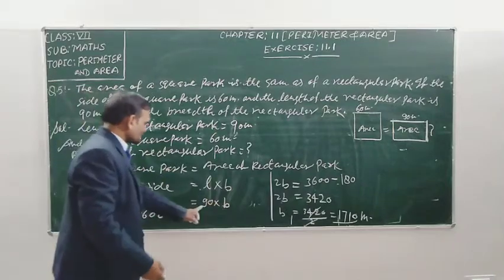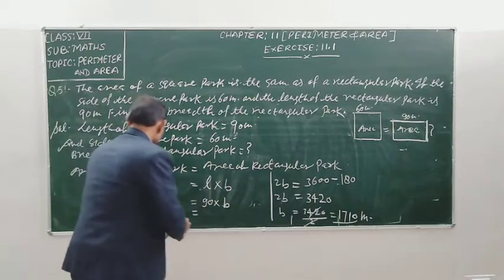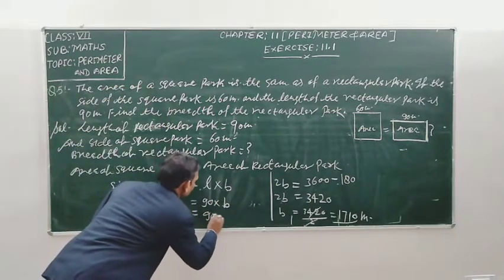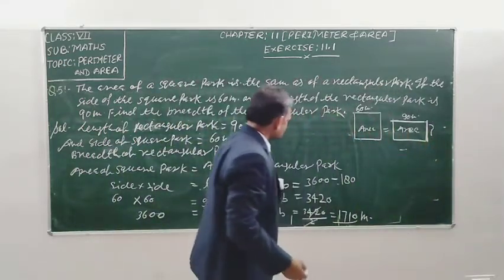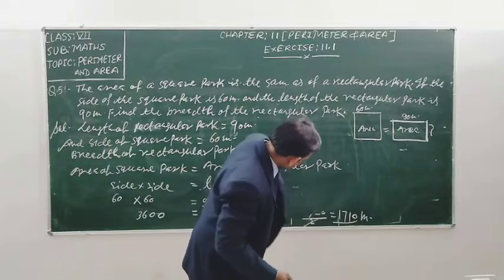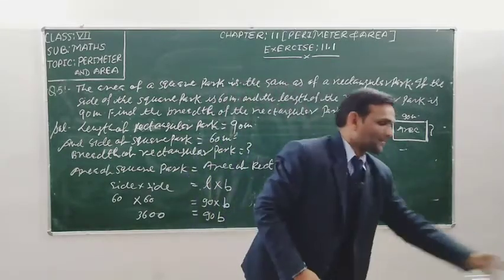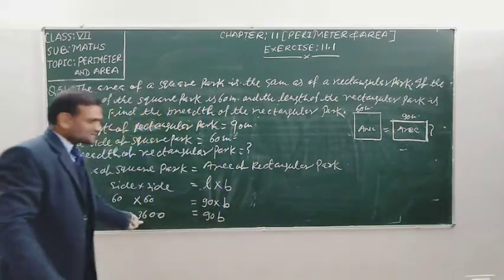Directly we can transpose 90 to the left side, so 90b is equal to 3600.